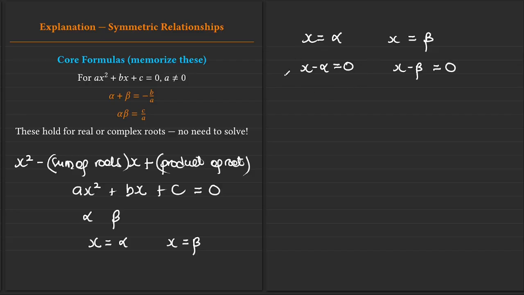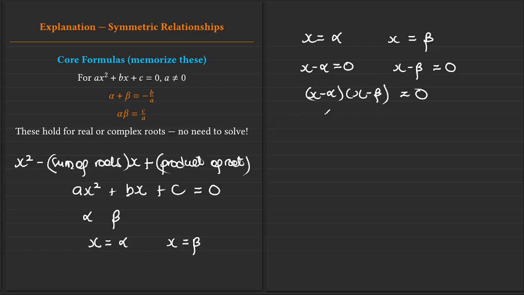This is how we would have written it before making x the subject. Usually there's a step before this as well. It is written as x minus alpha, then x minus beta is equal to 0. So it is usually like this before we say, let's equate this first bracket to 0 to give us this, and then equate this second bracket to 0 to also give us this.